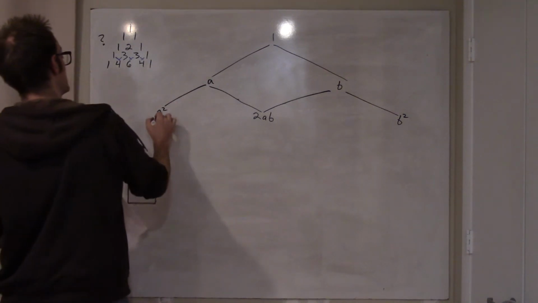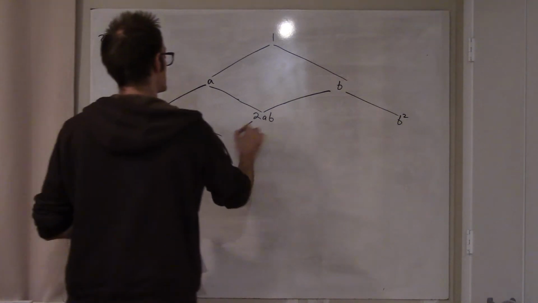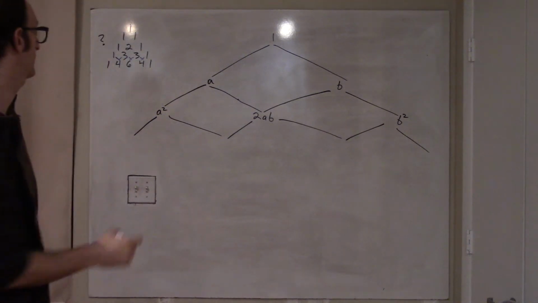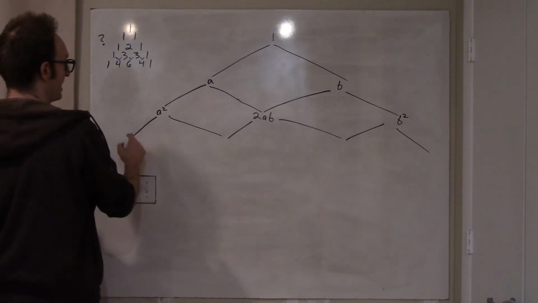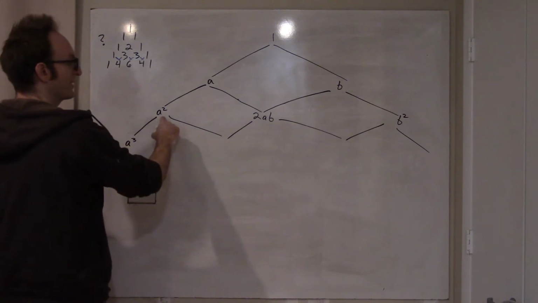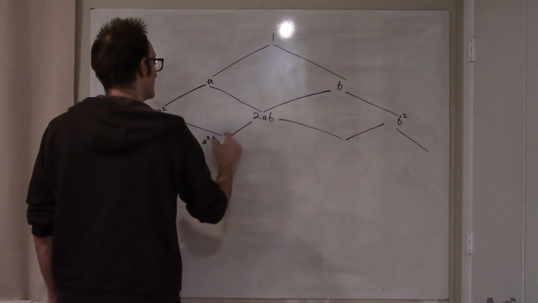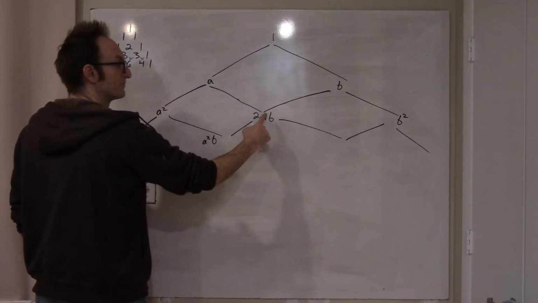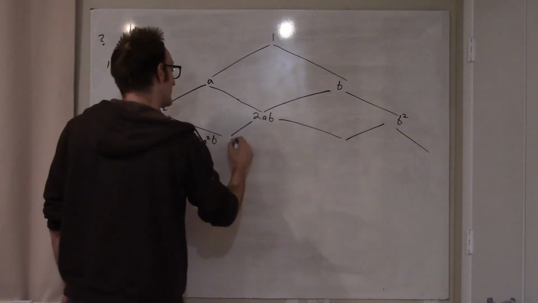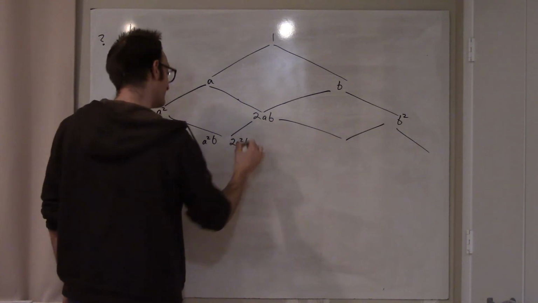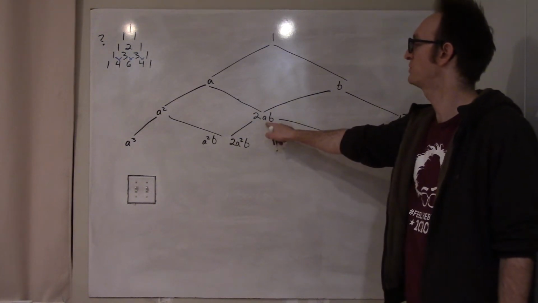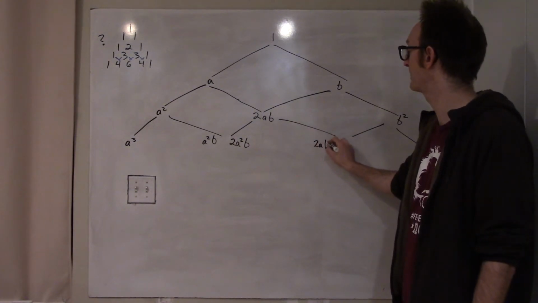We continue. This is looking like a pretty terrible tree. What's happening here is A cubed. When I multiply A squared by B, I get A squared B. When I multiply A by 2AB, I get 2A squared B. Here, when I multiply 2AB by B, I get 2AB squared.